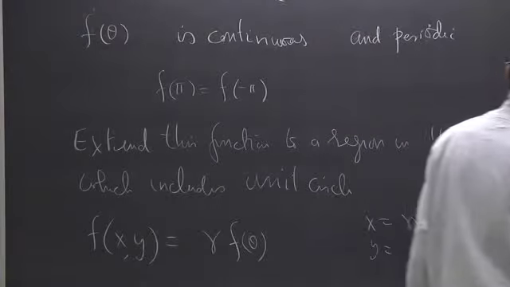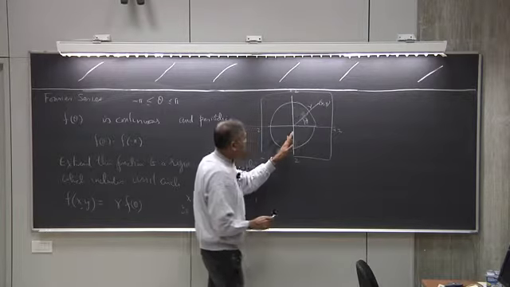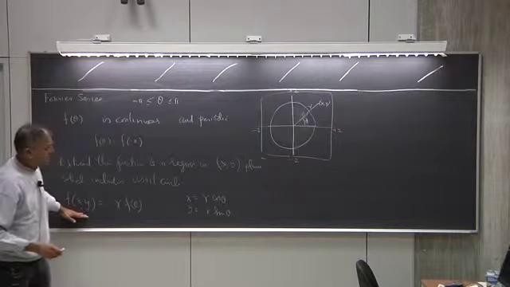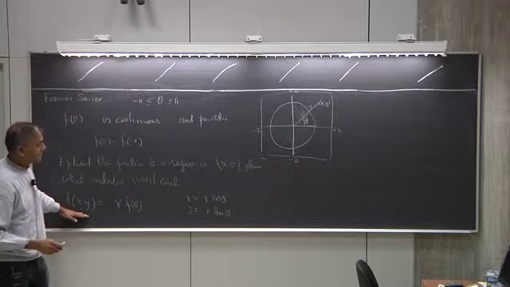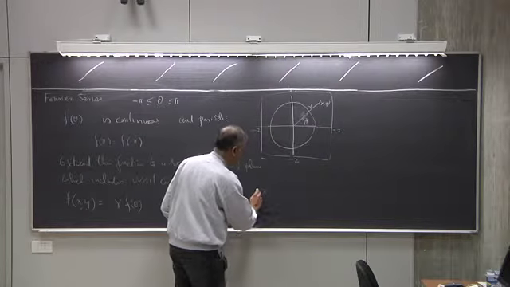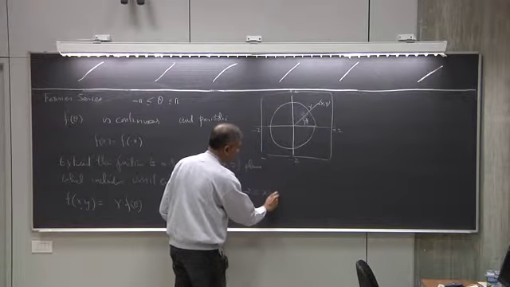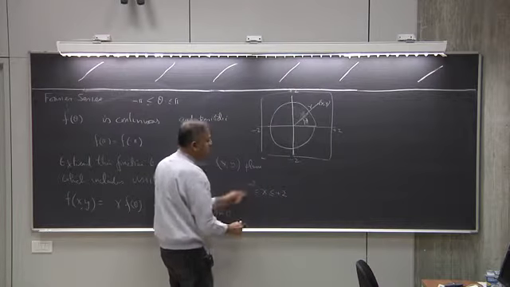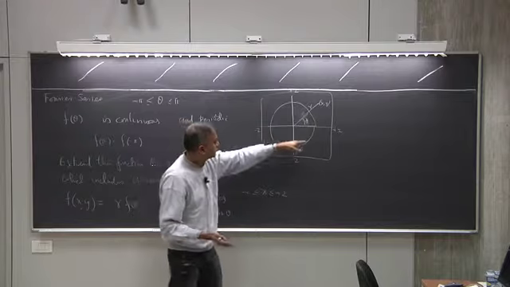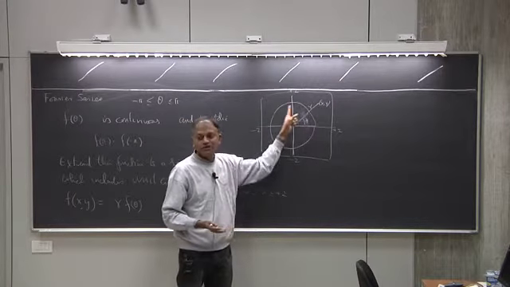Okay. So why am I saying this? So you see now what has happened. We have a function of x and y, where in this box x is between say -2 to +2. I just chose -2 and +2, nothing sacred about it, because I just wanted to have something which includes this unit circle.